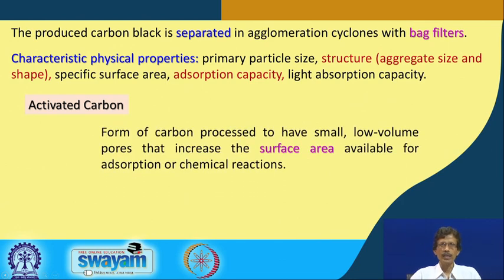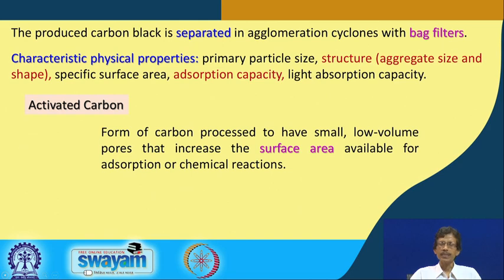So how can we define this? The textbook definition would be like this: it is a form of carbon which we can process. Why do we process it? Because we want to have small low volume pores, very small fine pores, and low volume pores, because we cannot have very big pores such that the liquid or the gas can go and pack those pores.